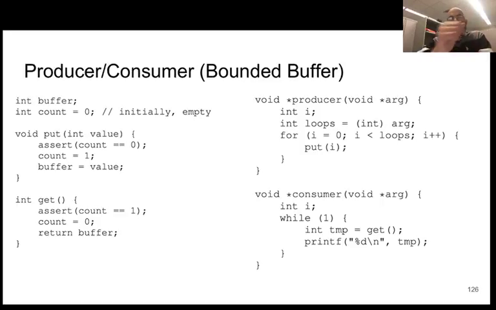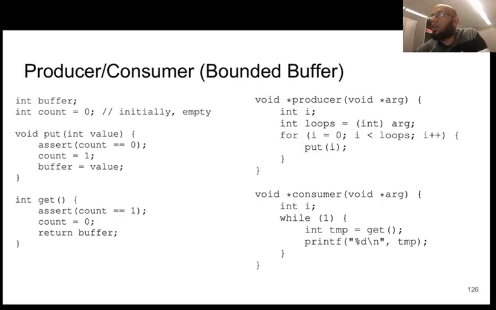If count is equal to 1, then you will have to wait. If count is equal to 0, then you can store the value into the buffer. The consumer, on the other hand, again takes args as an input.